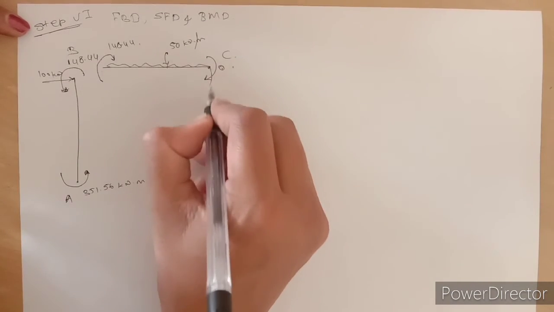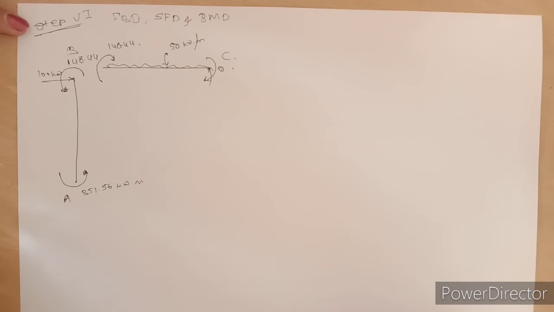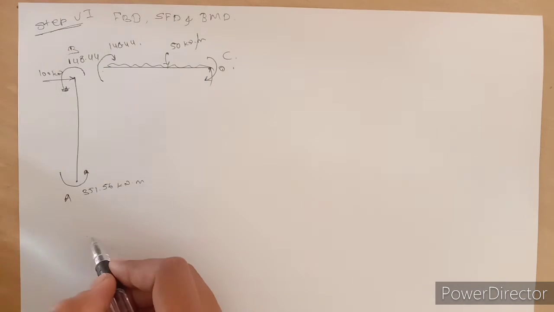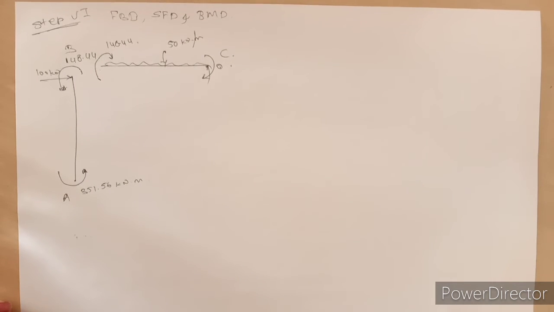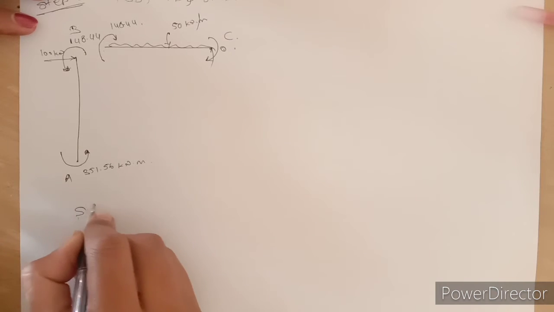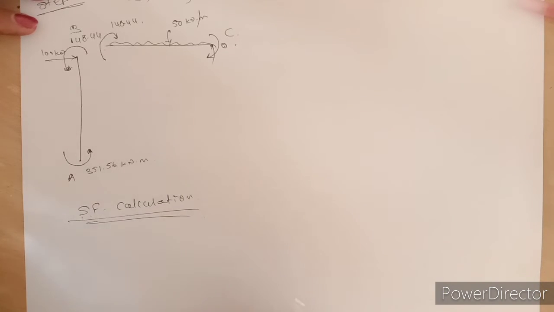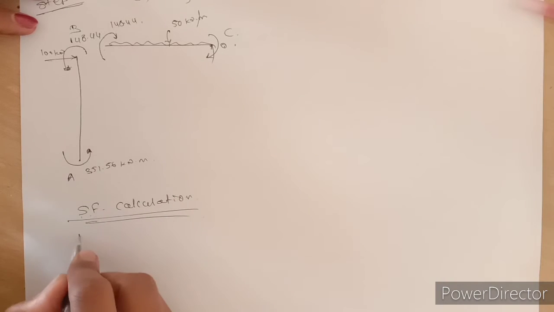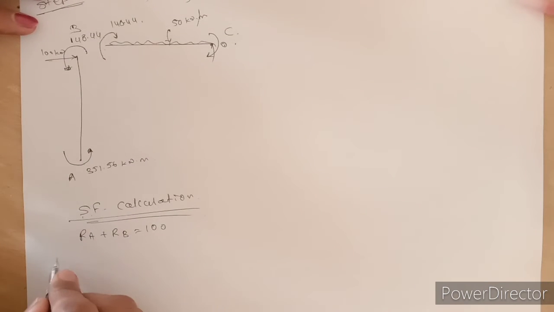Then after that, from this free body diagram, we calculate the shear forces, and from these shear force calculations we draw the shear force diagram. So first take member AB. Over this member, RA plus RB is equal to 100, this horizontal force. Then take moment at point A equal to 0.